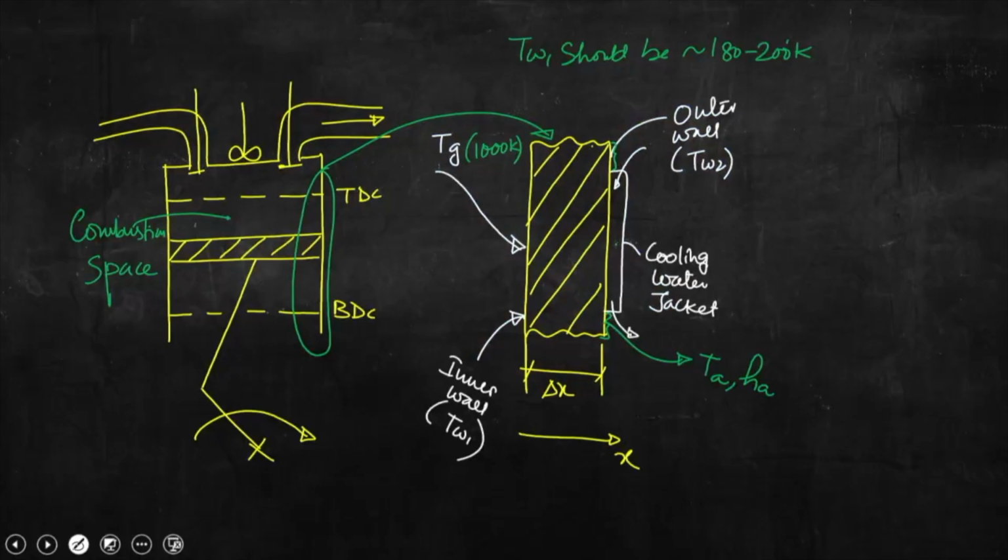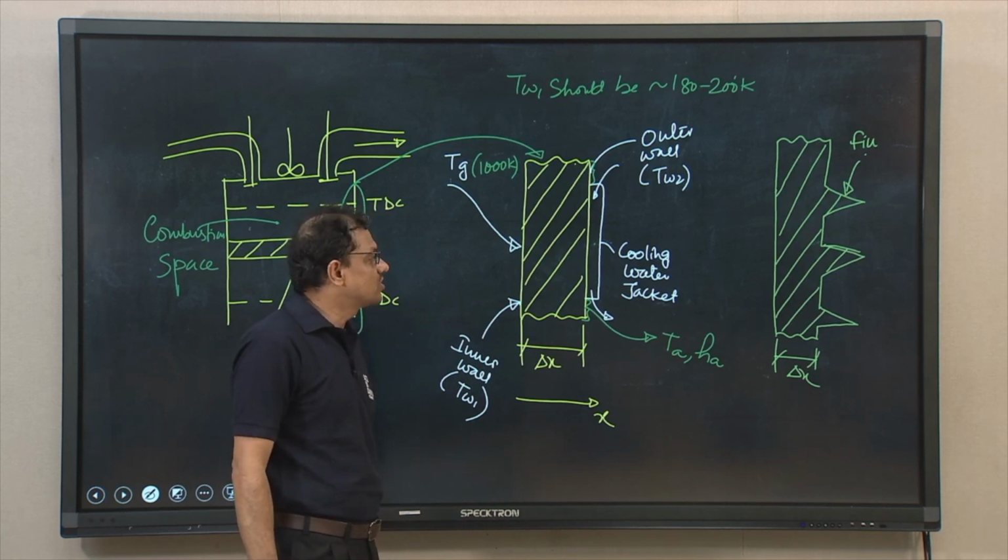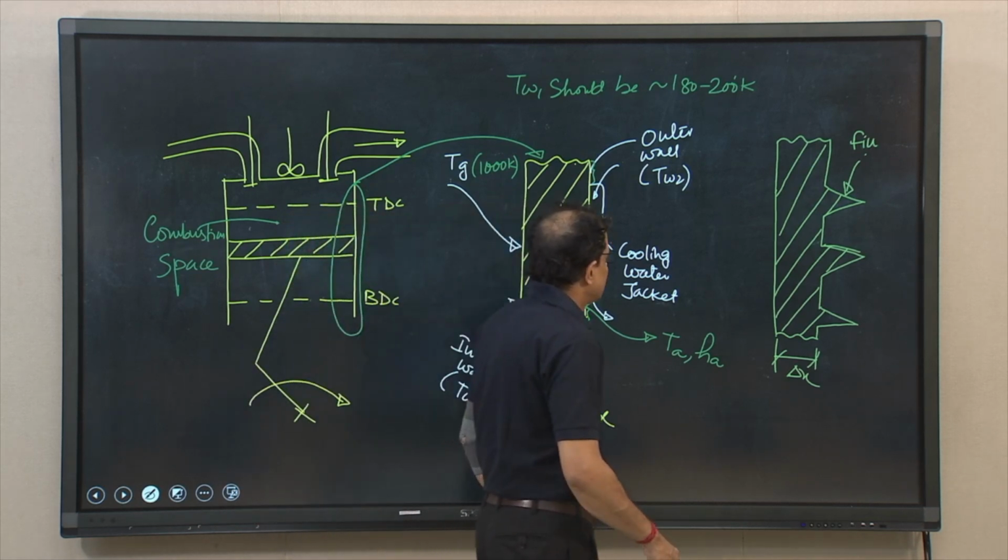Now, if we try to draw an air cooled engine, so if it is an air cooled engine, you can see, this is delta x, and this extended surface, the fins, are provided so as to enhance the transport of heat, because airflow will be there over these fin surfaces, and that air circulation will allow more convective transport of heat from the outer wall of the cylinder to the air.